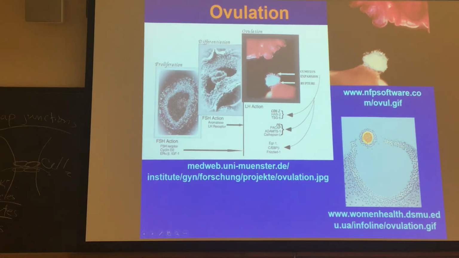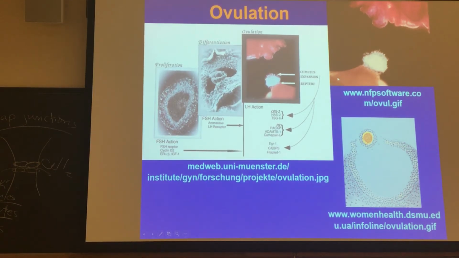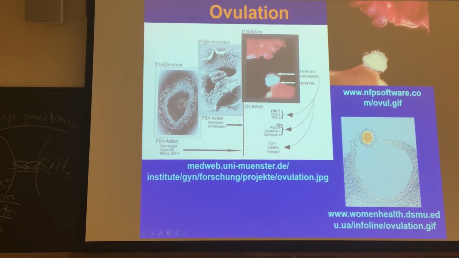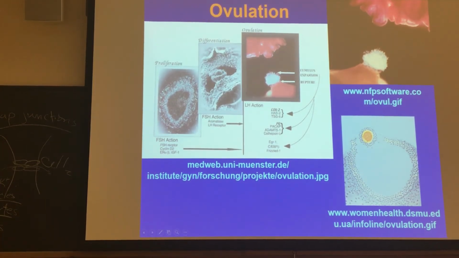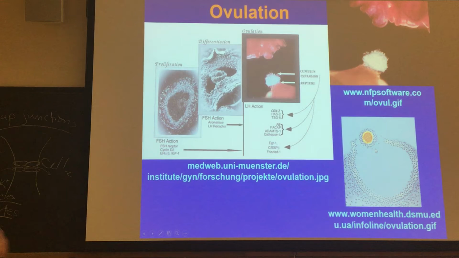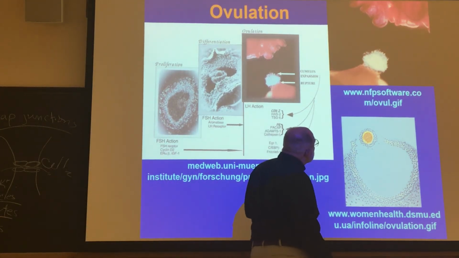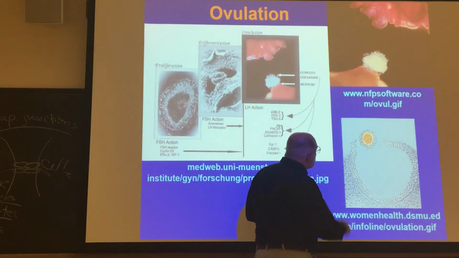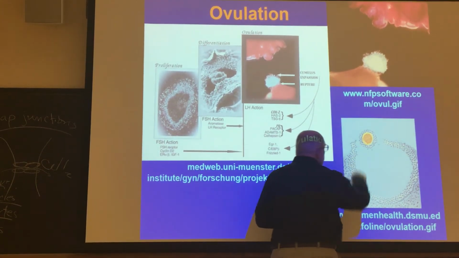And you see the cumulus oocyte complex exiting the surface of the ovary and coming into proximity of the fallopian tube. This would be a cross-section of this event where you're seeing granulosa cells, neurogranulosa cells, thecal cells. You can just kind of make out the basal lamina here of the follicle, and there's the oocyte and the cumulus. Now, see here. I'm not sure. These may be hints of one polar body down here.